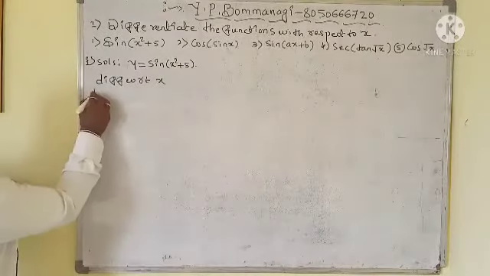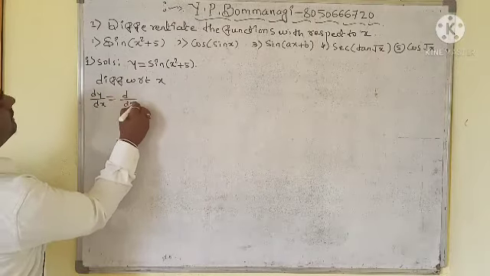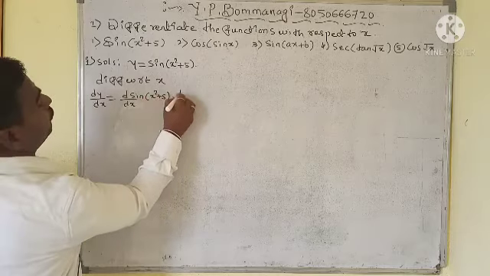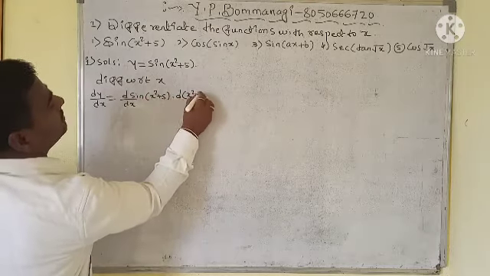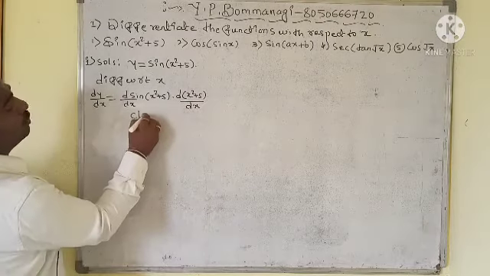So dy by dx is the differentiation of sine of x square plus 5 into the differentiation of x square plus 5 with respect to x. Why am I using the chain rule?